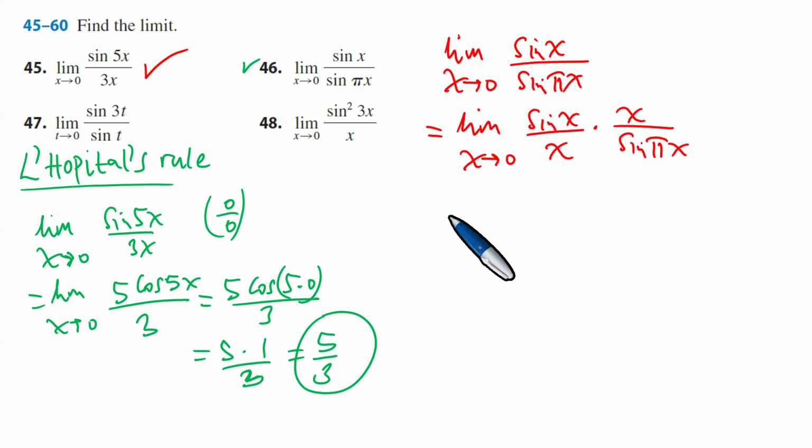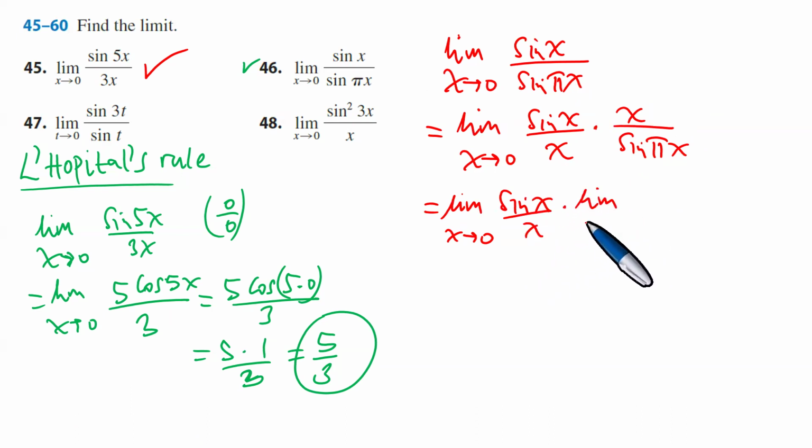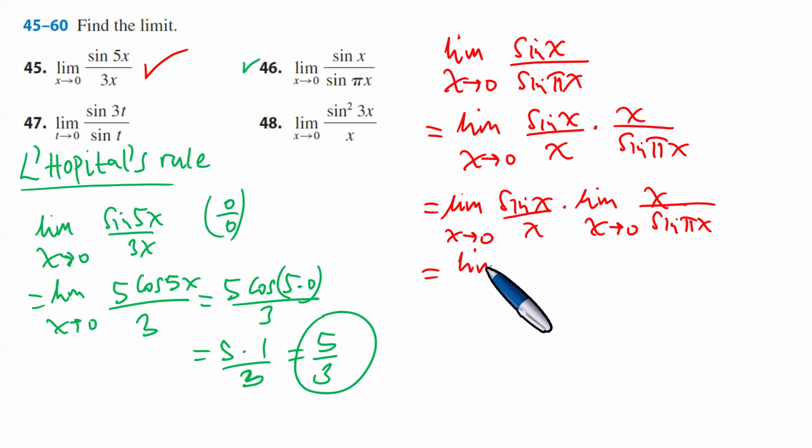Now the limit of a product is the product of the limits, so here we have the limit of sine x over x, and then we multiply this by the limit as x approaches 0 of the other factor. As x approaches 0, this one is 1. By definition, the limit of sine x over x is 1.